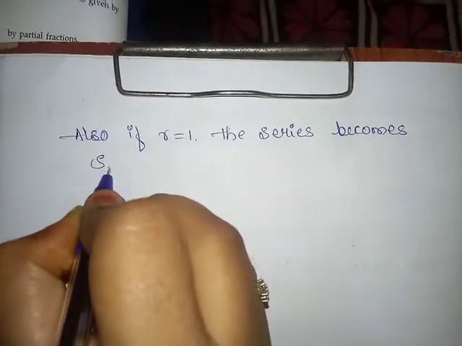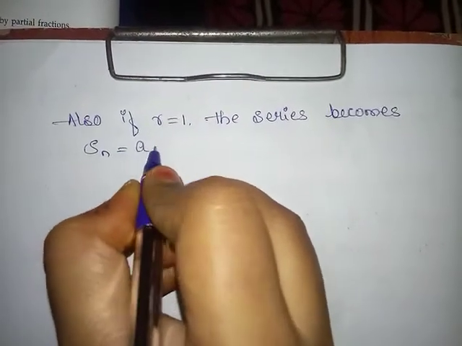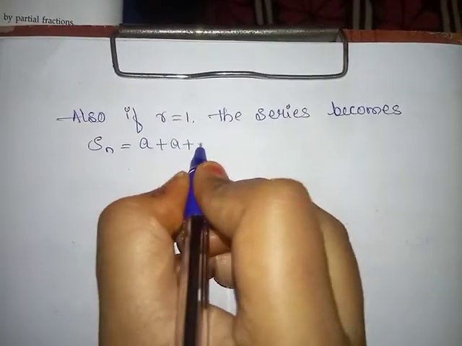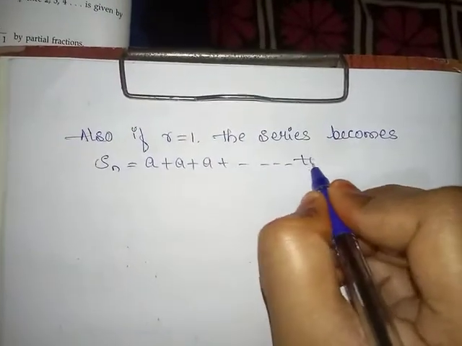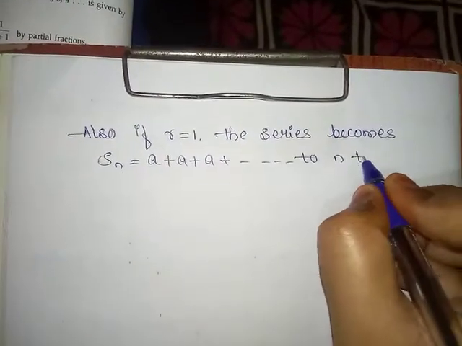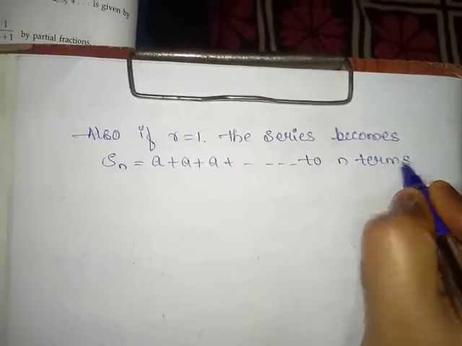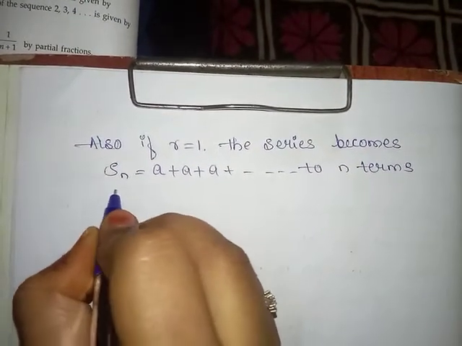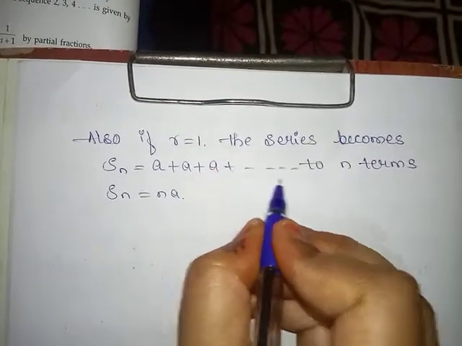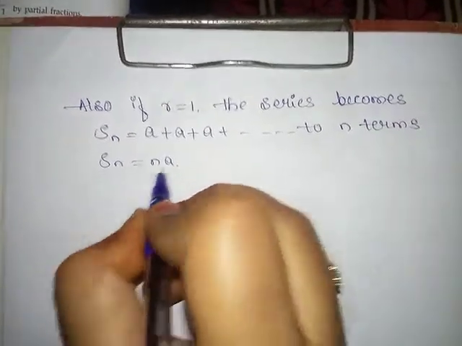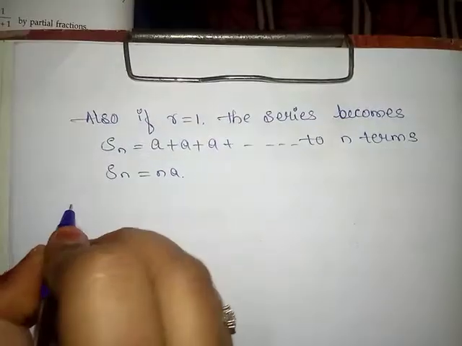It will be only Sn is equal to a plus a plus a plus and so on to n terms. Therefore, Sn is equal to n into a. We have n terms of a. Therefore, Sn is equal to na.